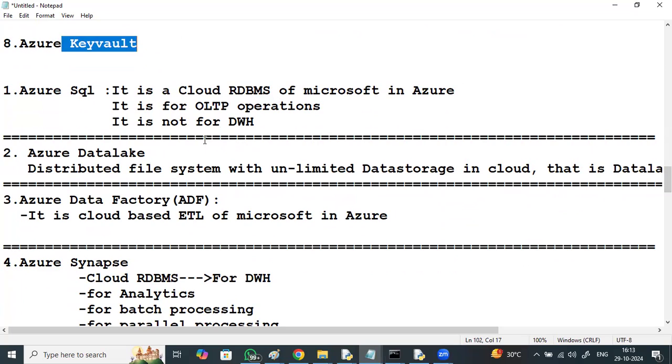Azure Data Lake is a distributed file system with unlimited data storage in the cloud. That is what a data lake is.